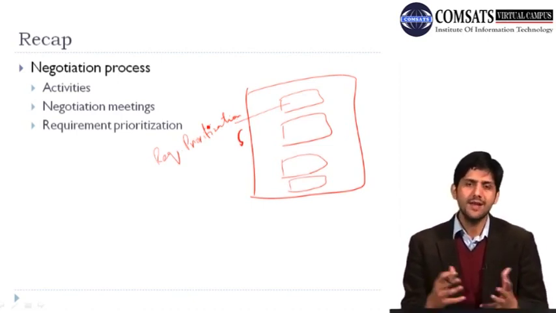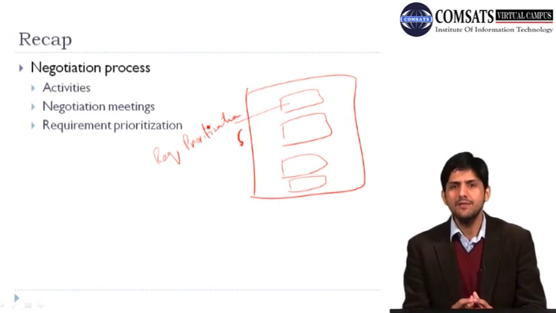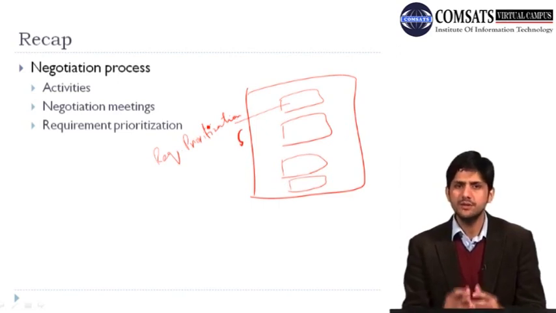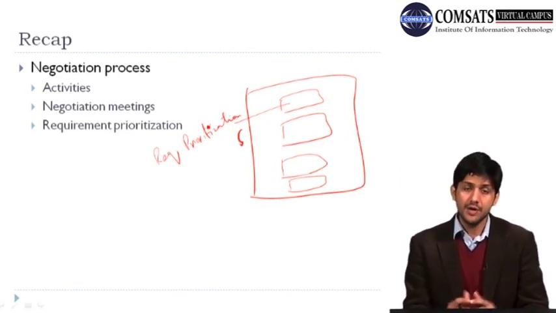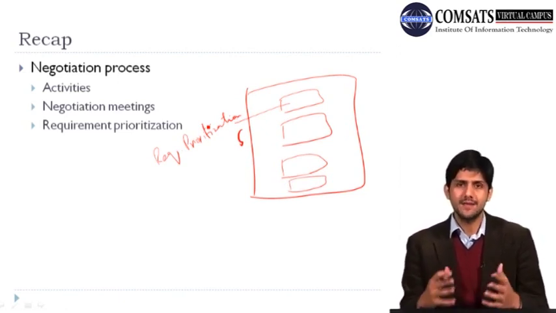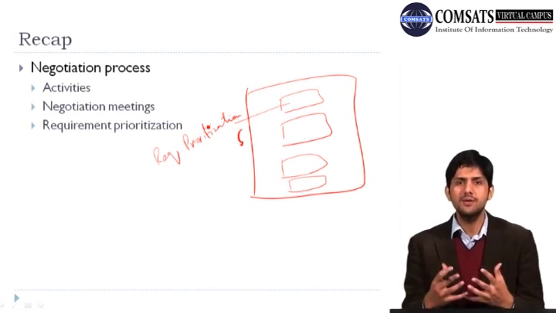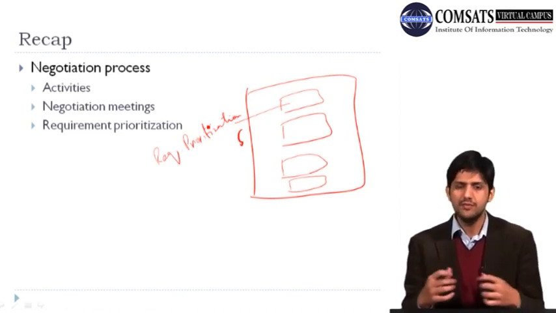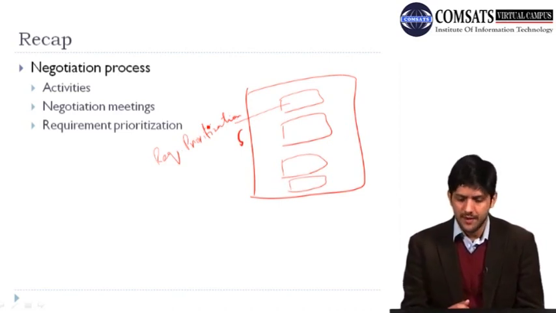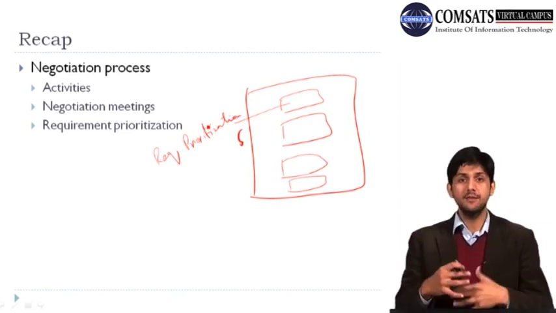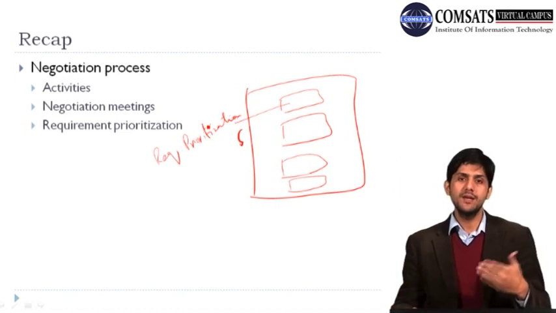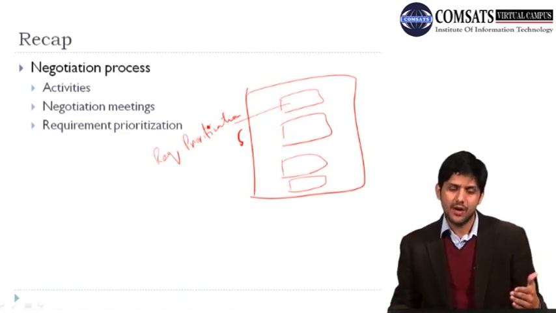We have said that when we analyze and elaborate requirements, we identify lots of problematical requirements or ambiguities. Because we now have more understanding about the requirements, we are in a position to go and discuss with the client, because we need all the stakeholders to be in consensus and we need to reconcile all the requirements. But there can be lots of these problematical requirements, so we need to prioritize them.